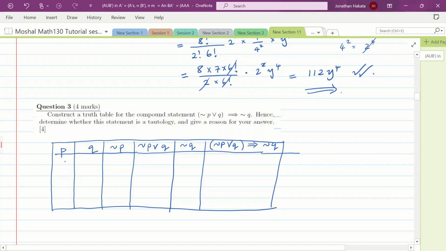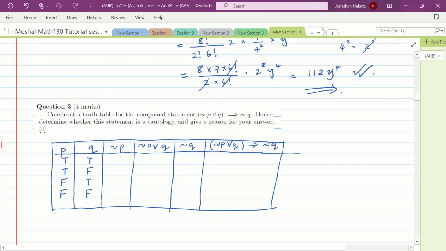The combinations of these inputs, you remember we said we should have true, true, false, false, and then this one alternates true, false, true, false.